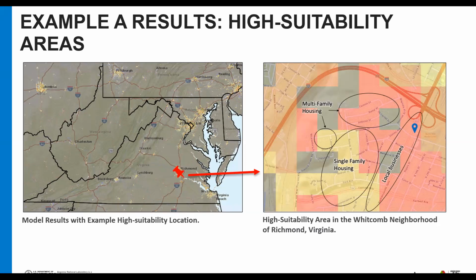So we looked into this area and found that this area is mainly residential. About two-thirds of the homes here are single family housing, and one-third is multifamily housing. And most of the multifamily housing belongs to a public housing authority. And there are some local businesses along a major road to the right side of the map. This place also has some major highways and major roads.